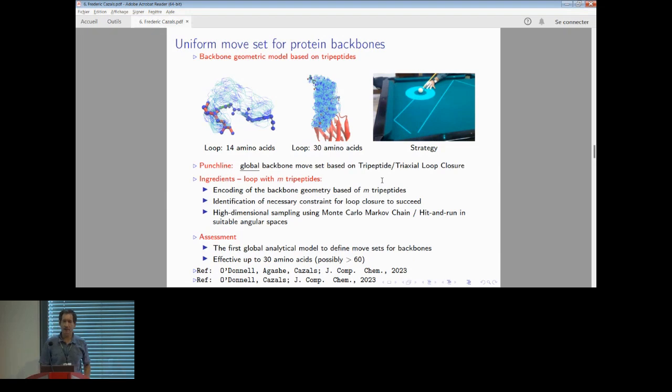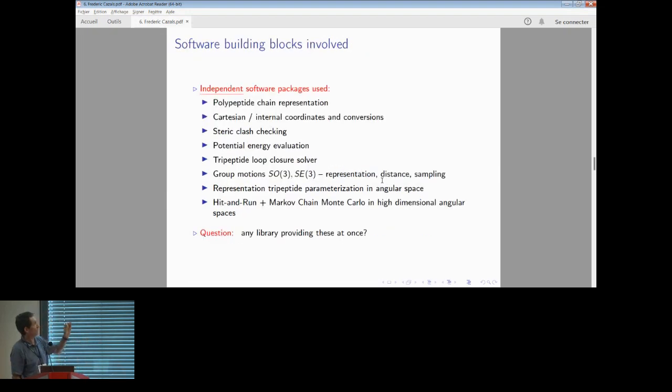What is interesting here is that if you want to solve this problem, let me list a few software packages you have to use in order to do so. Of course, you need to be able to represent a polypeptide chain. You need to manipulate Cartesian and internal coordinates. You need to handle steric clashes. You need to potentially evaluate potential energies using CHARMM, whatever you want. You need solvers for the tripeptide loop closure and longer loops.